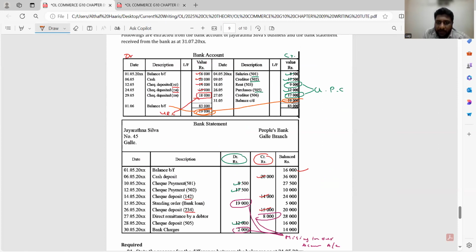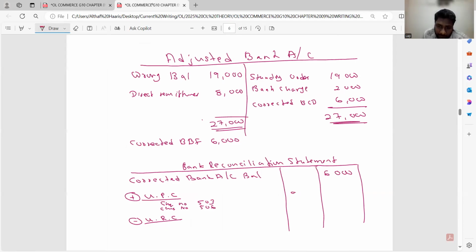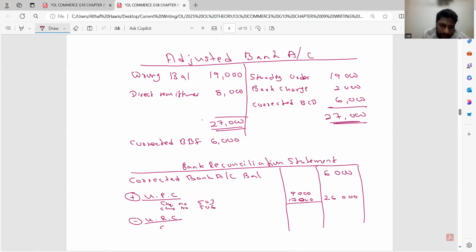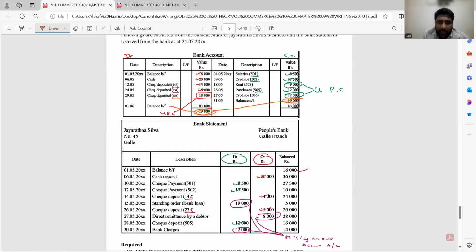What are the values? 9,000 and 17,000, then 26,000. URC: check number 184. What's the value? 18,000.